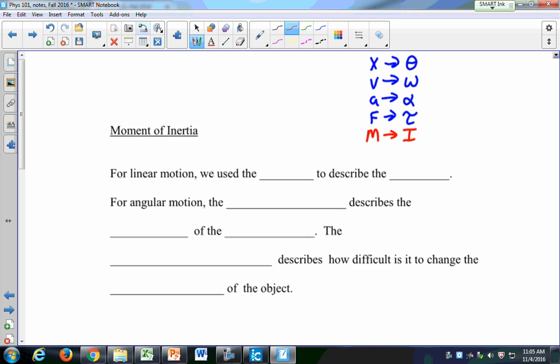That's what inertia is. And in a similar way, moment of inertia describes how easy or how hard it is to set something into rotational motion. So for linear motion, we use mass to describe the inertia.